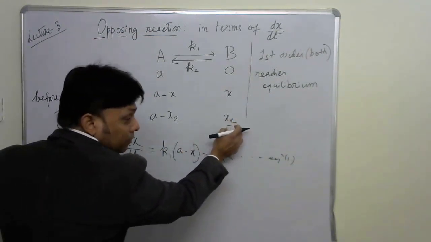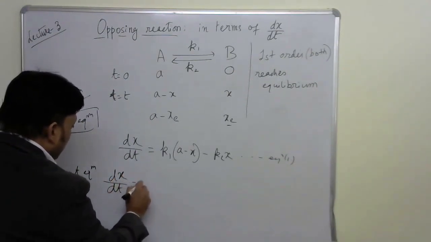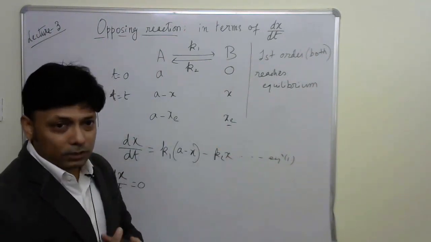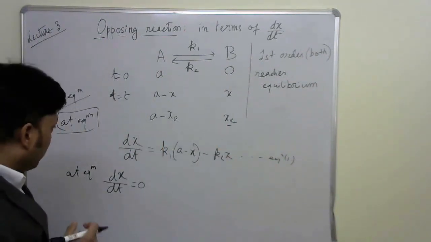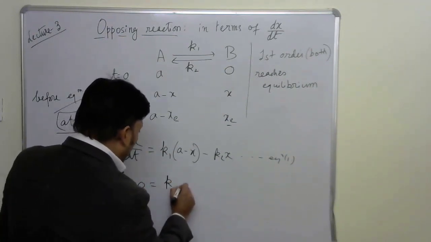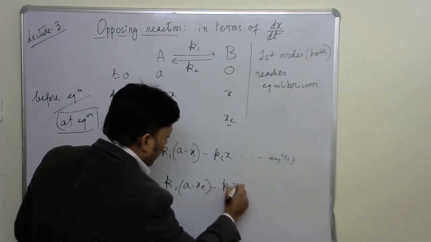So let's remind our memory: at equilibrium, what happens? This is constant, right? So constant means at equilibrium, dx/dt becomes 0. That means x, the concentration of B, does not change anymore with time. So we can write this equation as 0 = k1(a − xe) − k2 xe.